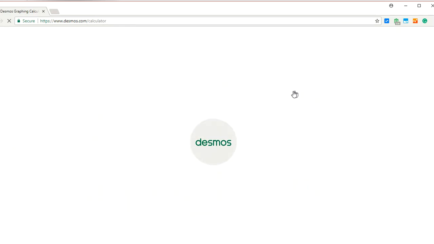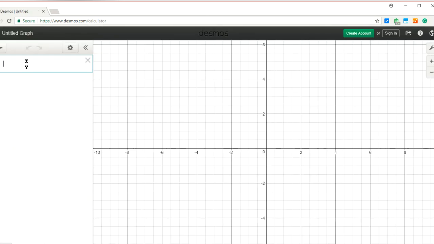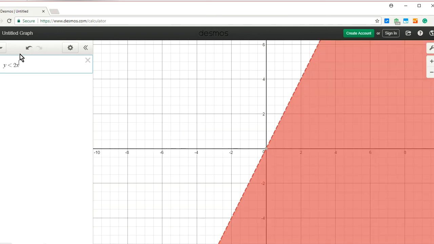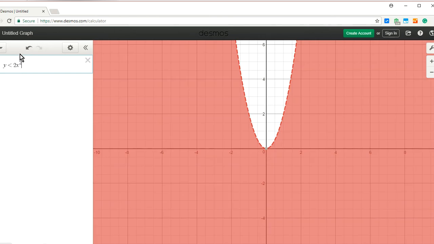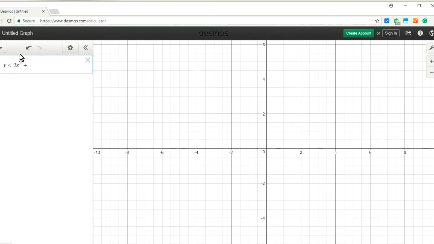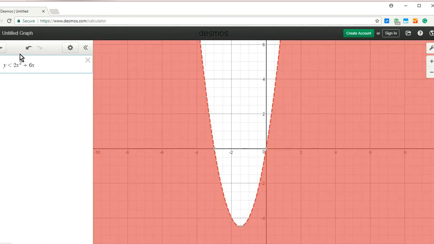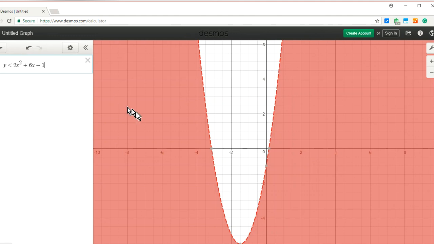Okay, so hit start graphing, and then all you simply do is type in the quadratic inequality as was presented in the problem. Y is less than 2x raised to the second power plus 6x minus 1. And there you have it.